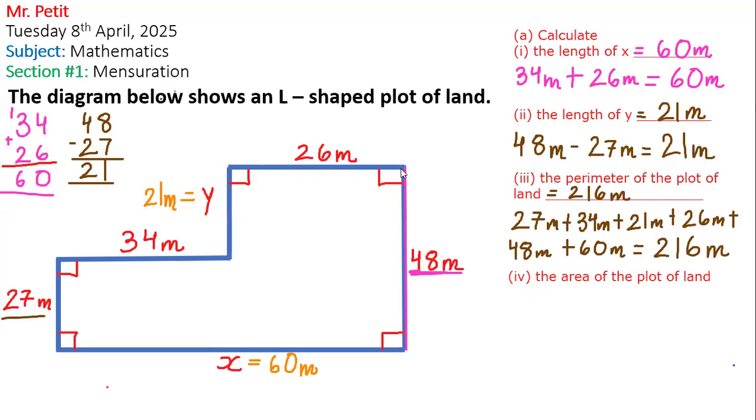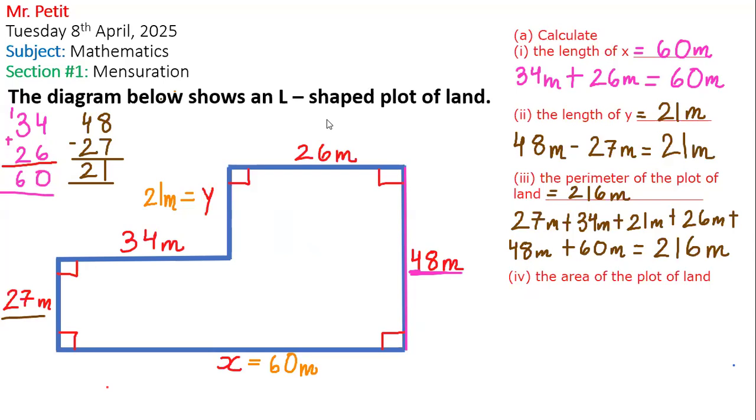Mr. Petit, you multiply the length times the width. And I have no idea. All right, Mr. Petit, please don't mute me again, please. Oh my God. Anyway, the answer I got was 2,880. Please do not call Riley.